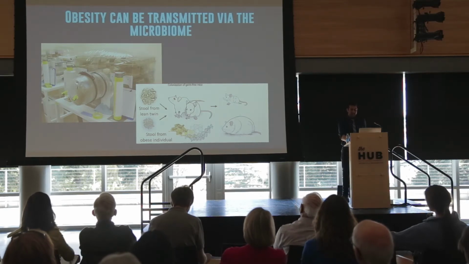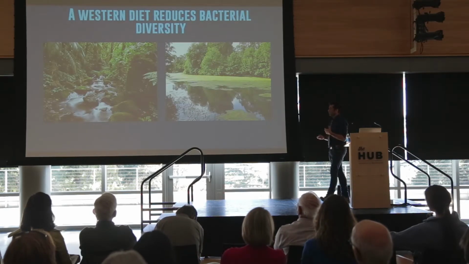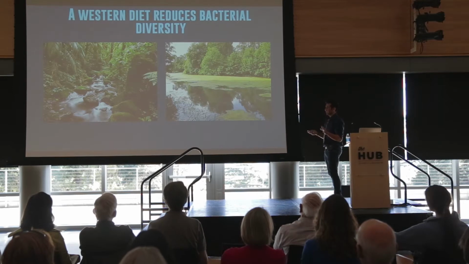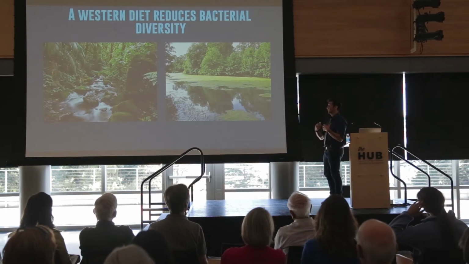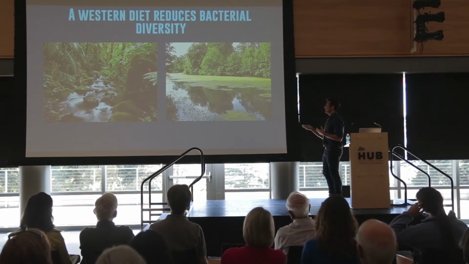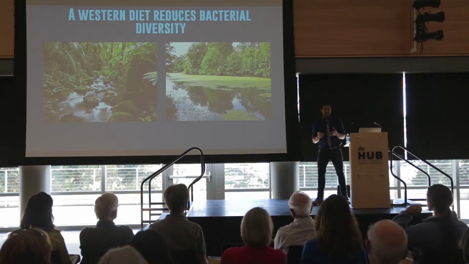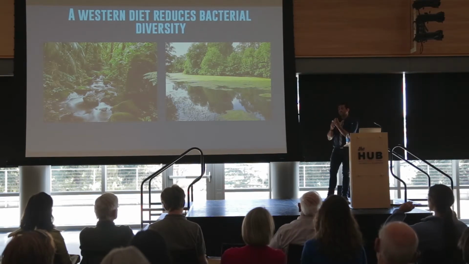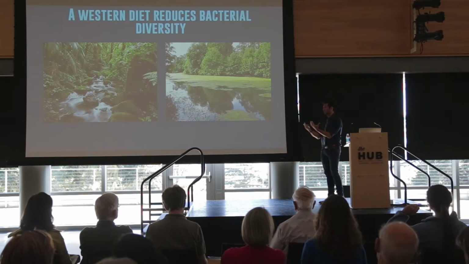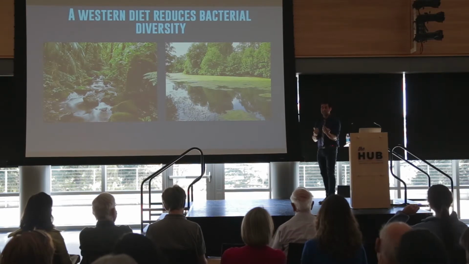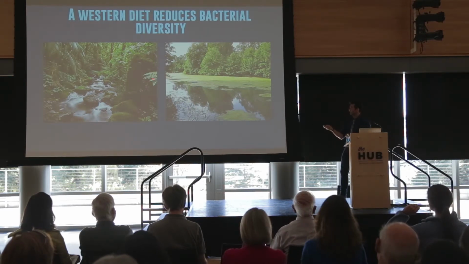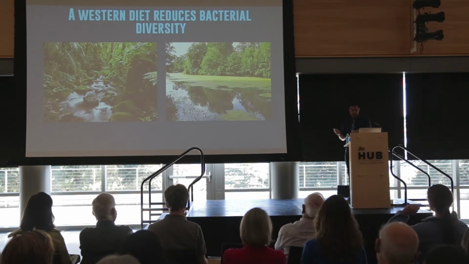I want to talk about this one study which I think illustrates the Western diet and how scientists study diet. Imagine this is a twin study, and they found twins where one twin was lean and the other twin was obese. So you had one twin lean, one twin in this pond.